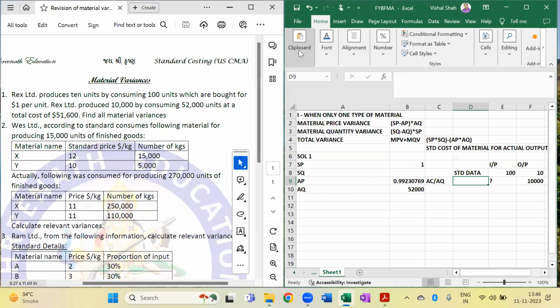Cross multiplication. Please find it. So 1 lakh. Perfect. One lakh. Perfect.